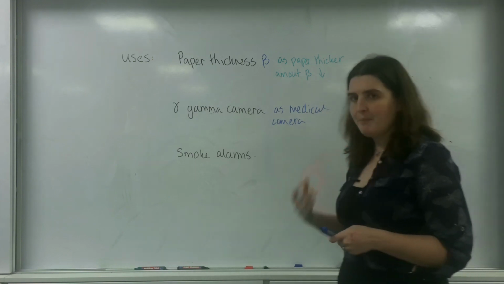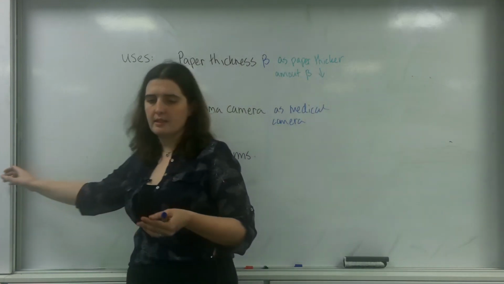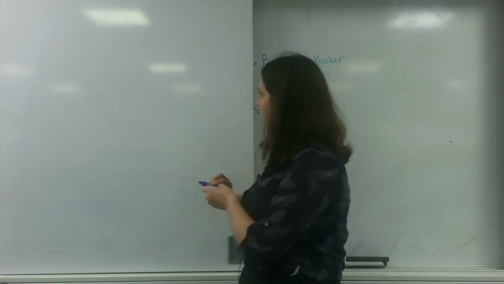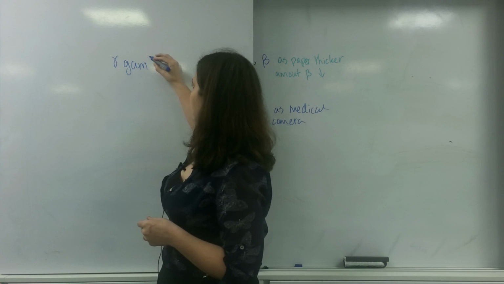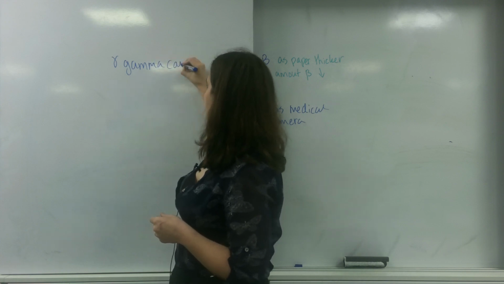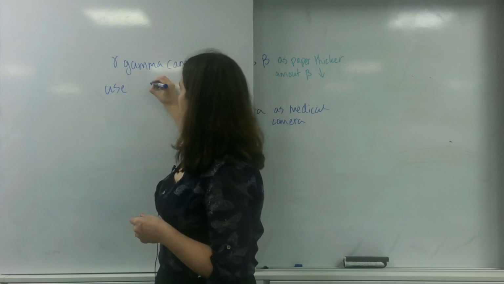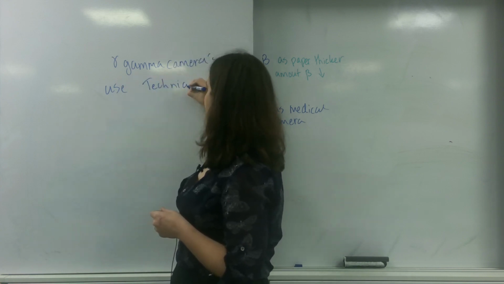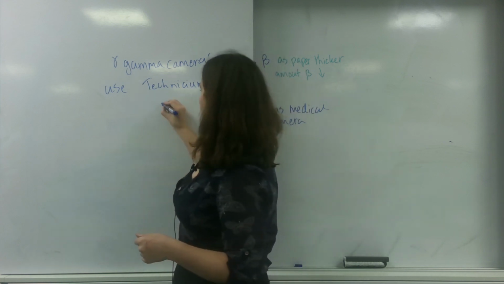Now, very importantly, the radioactive isotope the gamma camera uses is something known as technetium-99, sometimes written like this.